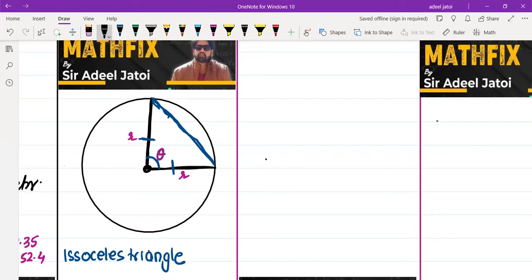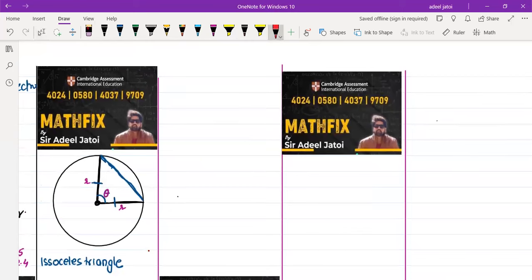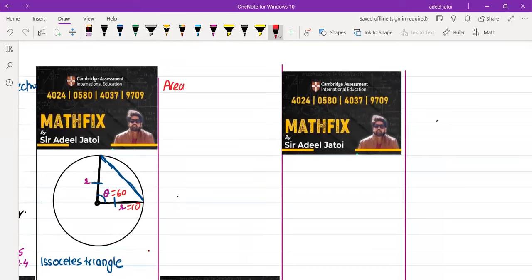Now let's say in this circle, we take the radius as 10, and let's take this theta as 60 again. If I want to find the area of the triangle, your area formula is normally half into A into B into sine theta. But in this mensuration, your formula becomes half r squared sine theta because both the adjacent sides are your radius.